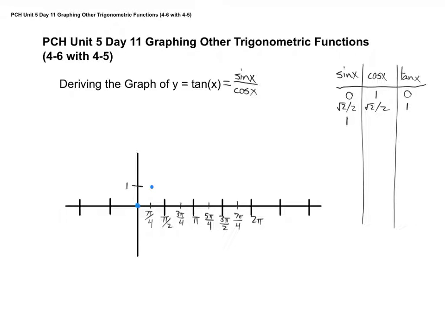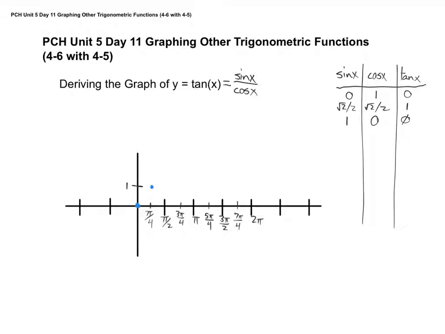Ling Shen, what's the cosine of pi over 2? 0. Good. So Alex, what's the tangent of pi over 2? It's going to be 1 divided by 0. That's exactly right. It's 1 divided by 0, so it's undefined.